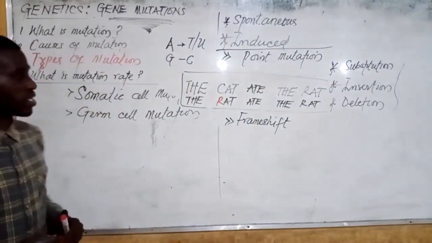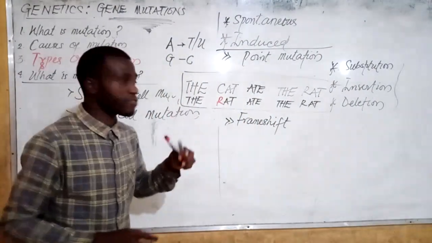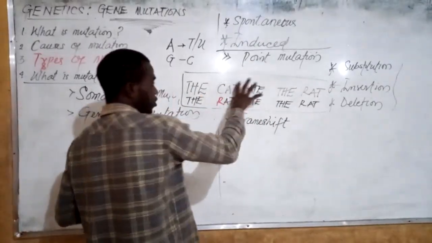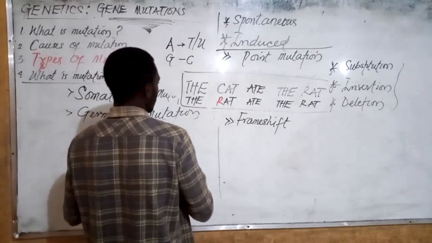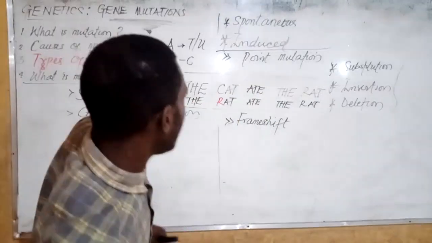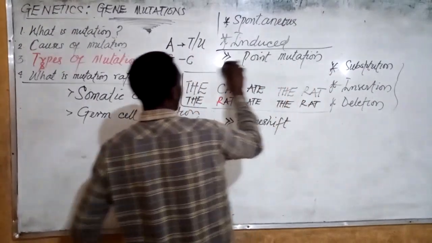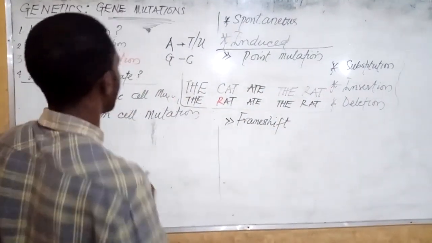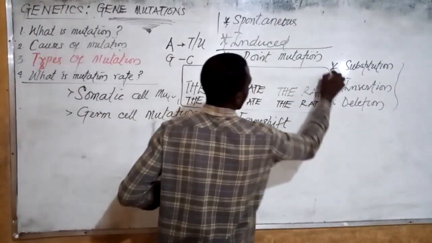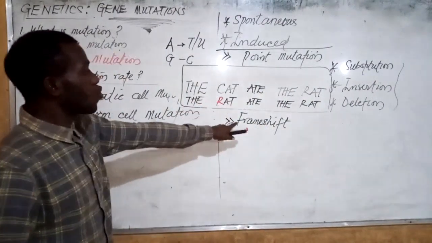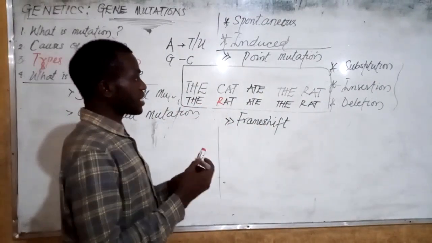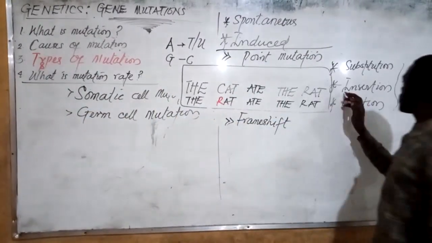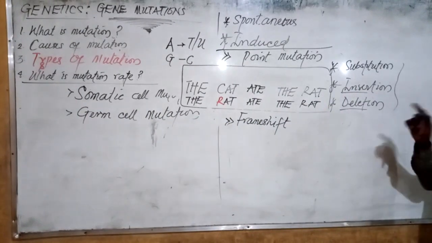The frameshift mutation. Now, in the frameshift mutation, what happens is this. I'm still going to use this same sentence. So, in the frameshift, there could be a wrong insertion or a deletion of one of the sequence.